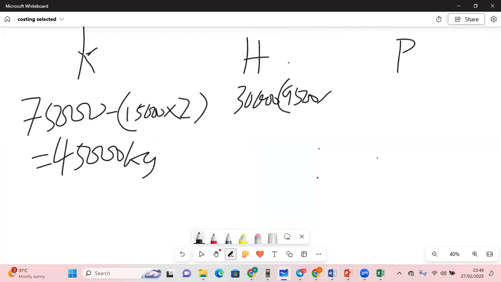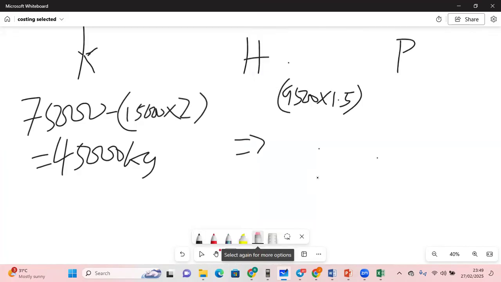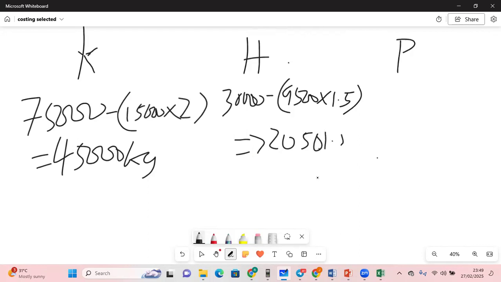And remember, this is the reorder level minus. So 30,000 minus, right?